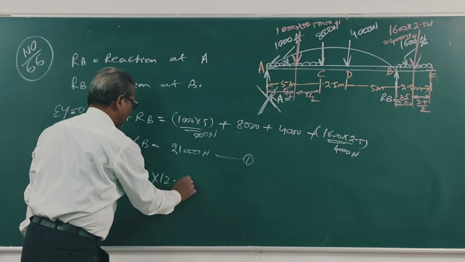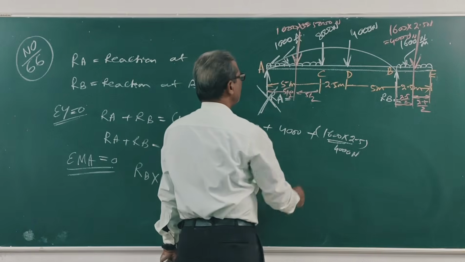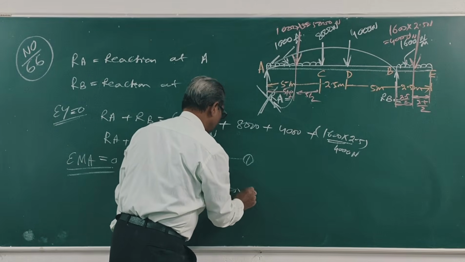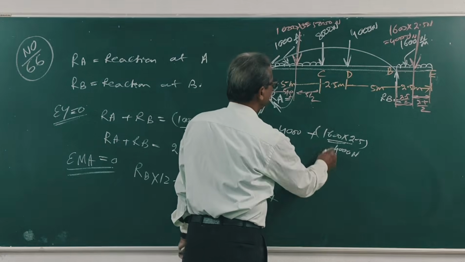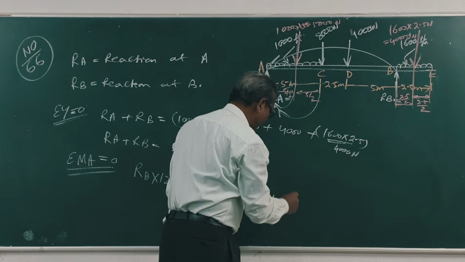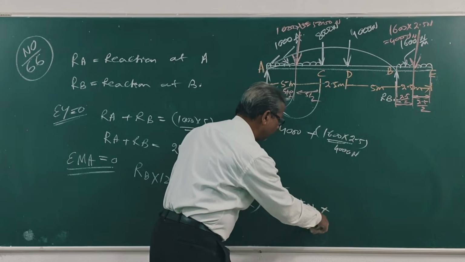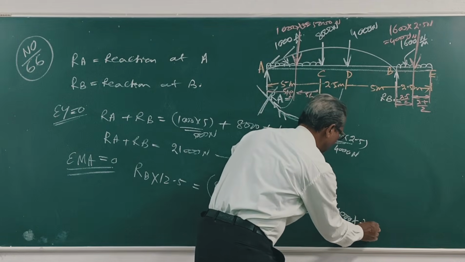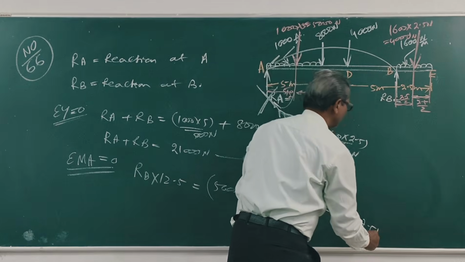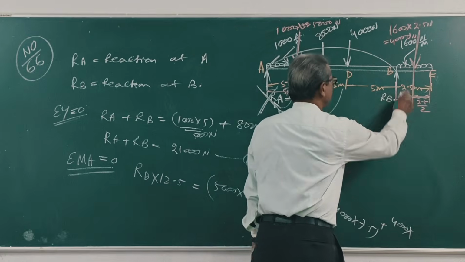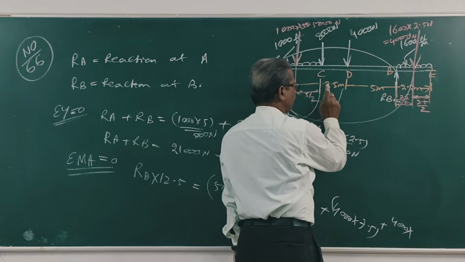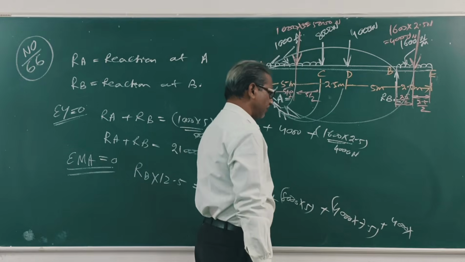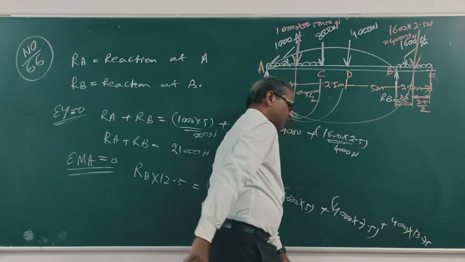RB into 12.5 is equal to 5,000 into 5 by 2 plus 8,000 into 5 plus 4,000 into 7.5 plus 4,000 into 5 plus 1.25, which is 13.75. Clear? So find RB.